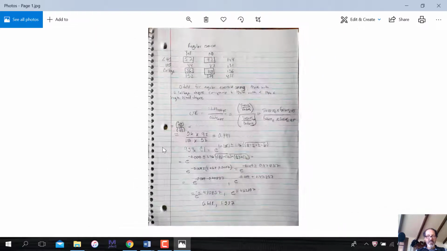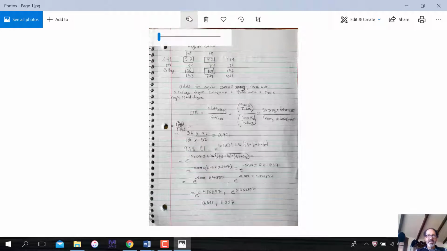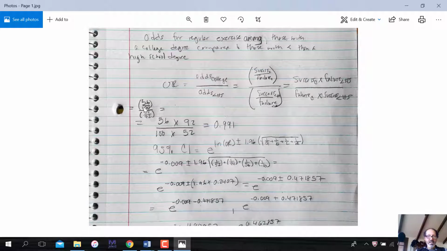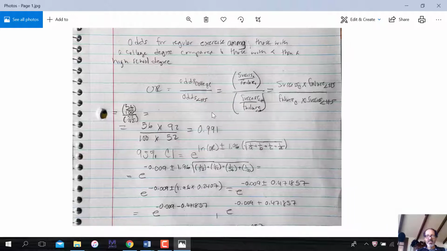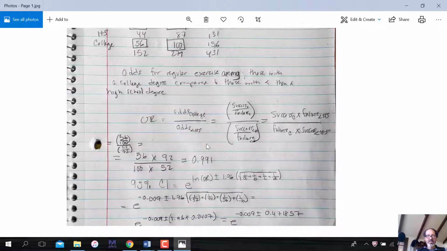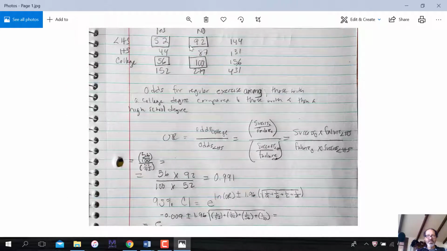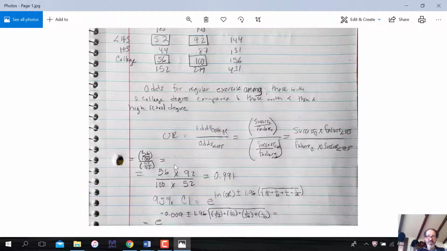So actually, if you look here, you'll see I have 56 divided by 100, because that's the odds of regular exercise among college students, and it's divided by the odds of regular exercise among those with less than a high school education, which is 52 divided by 92, and I have that right here, 52 divided by 92. So I have this set up, so it's a ratio of the odds.